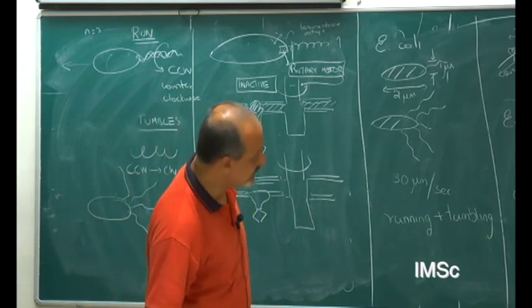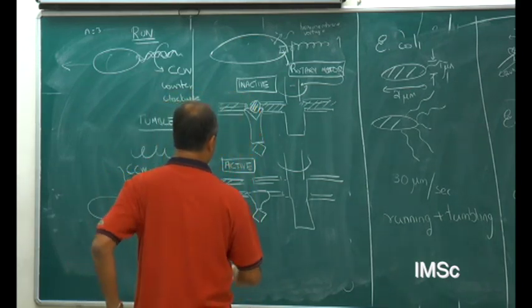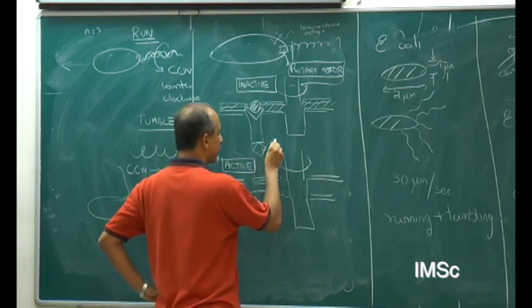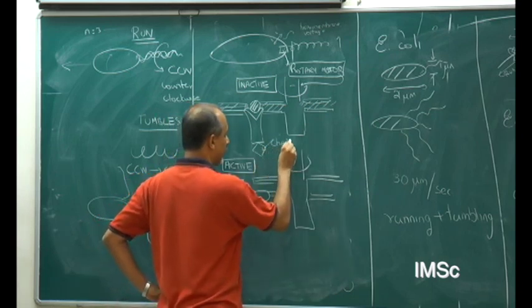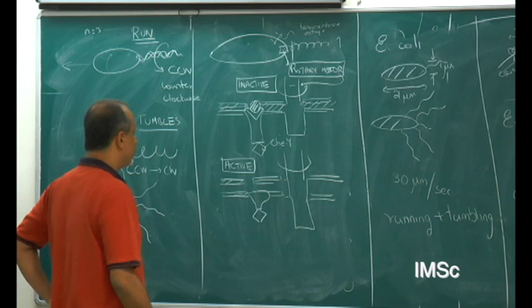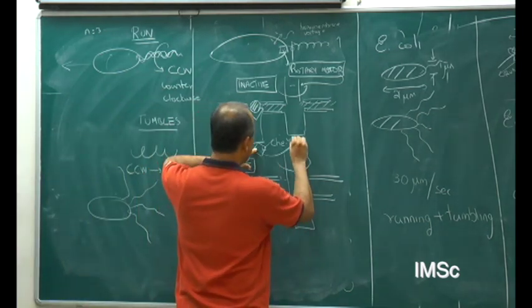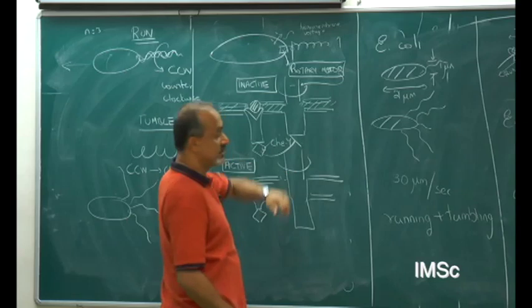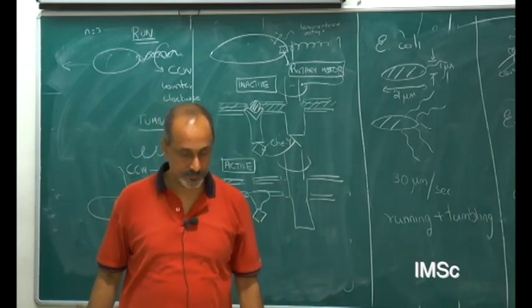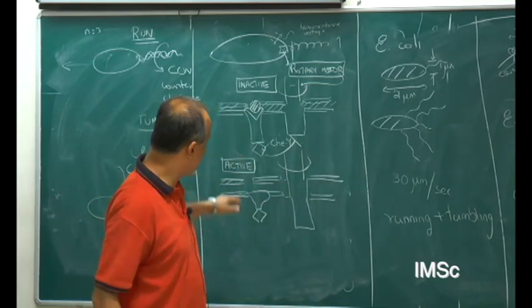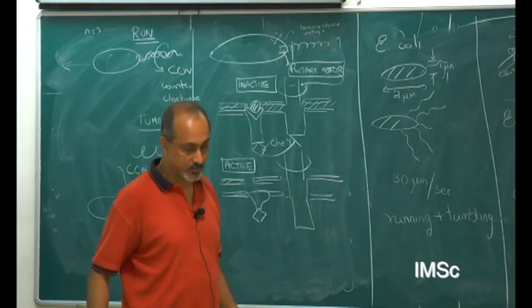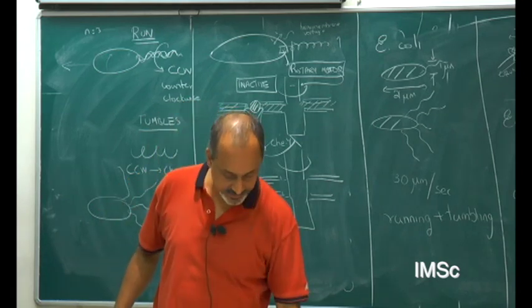As long as the ligand is bound, a protein molecule called CheY can bind to this and inhibit the motion of the rotary motor. Okay, so this line with this thing drawn through reflects the fact that it's a repressor.